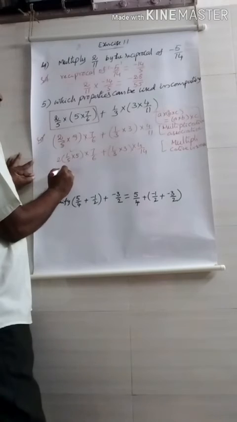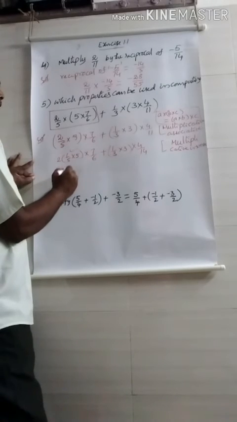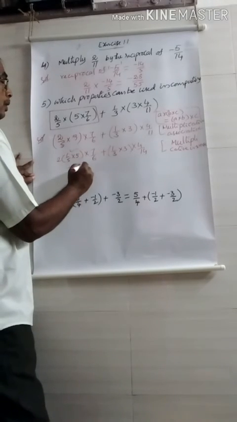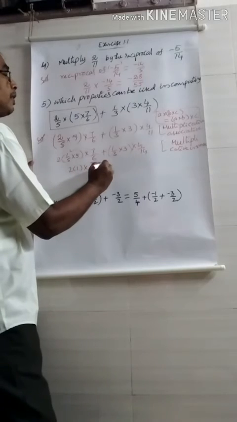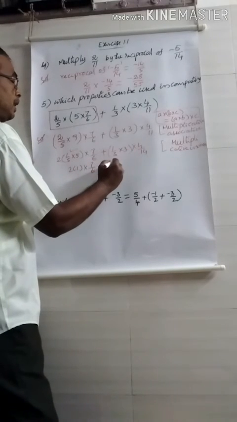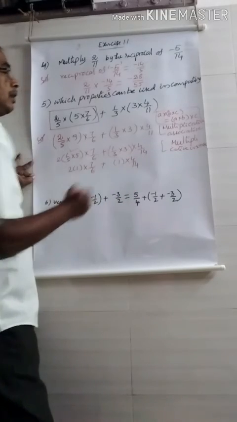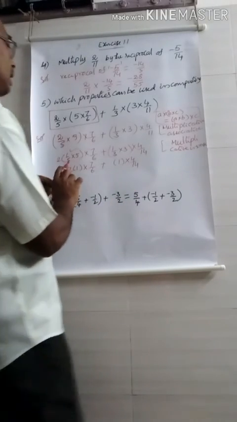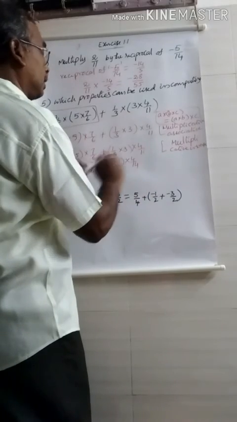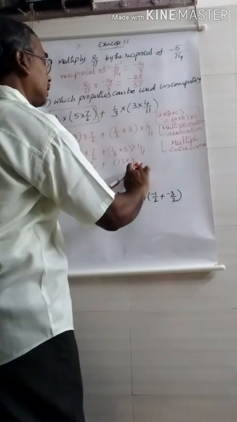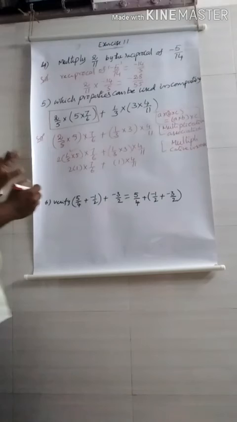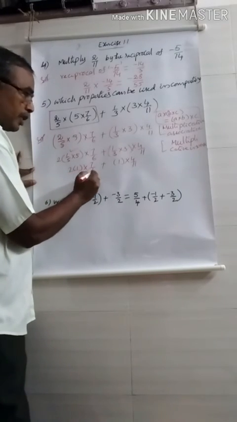That means 2 into 1, 2. 2 into 7 by 6 plus 1 by 3 into 3, it is also 1 into 4 by 14. It's not 14, it's 11. Okay.